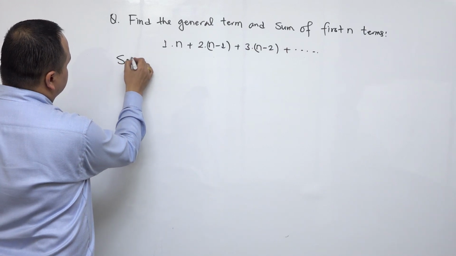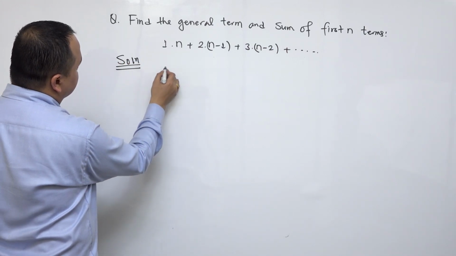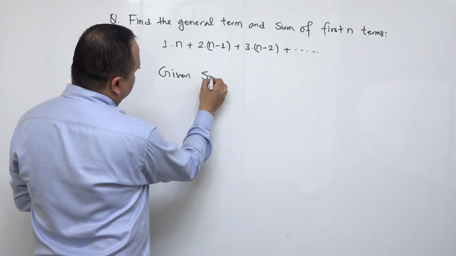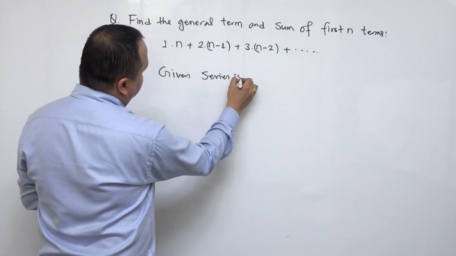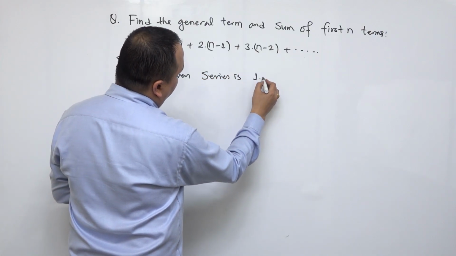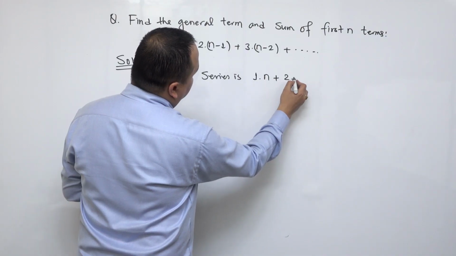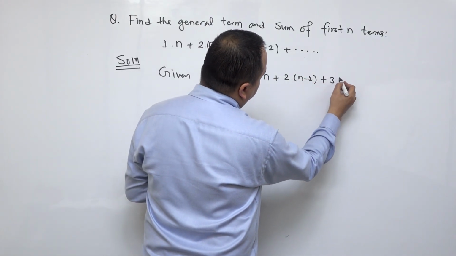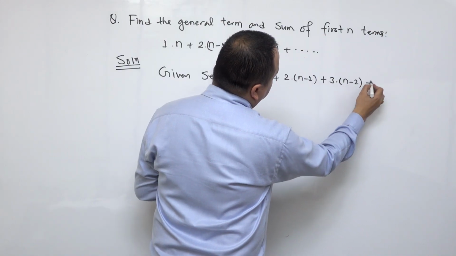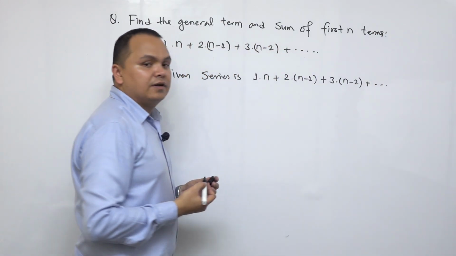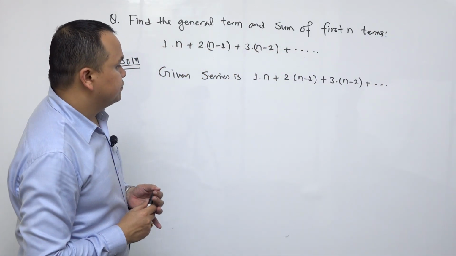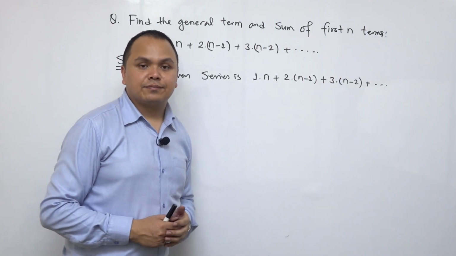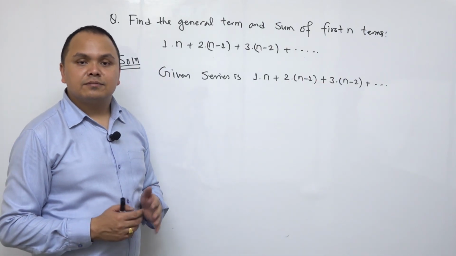Solution: given series is 1 into n plus 2 into n minus 1 plus 3 into n minus 2 plus dot dot dot. If we take 1, 2, 3, they form an AP.